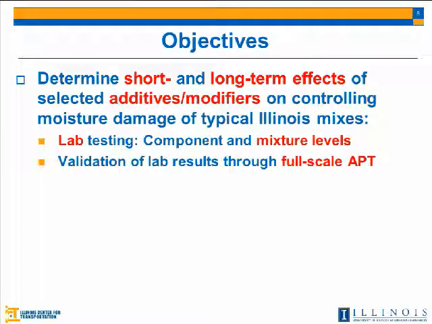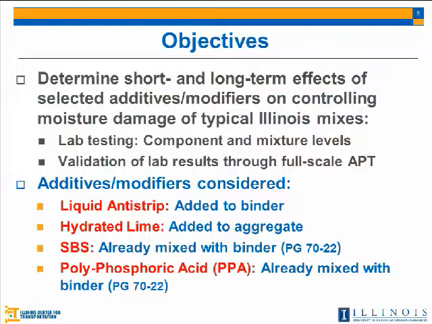And this objective will be achieved through running several laboratory tests on both the mixture and the component levels, and validating the results we get from the lab tests through running a full-scale accelerated pavement test. I would like to focus in this presentation only on the results of the mixture level tests, and also some results I got from Atlas.